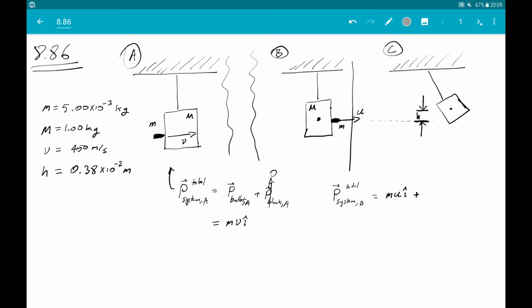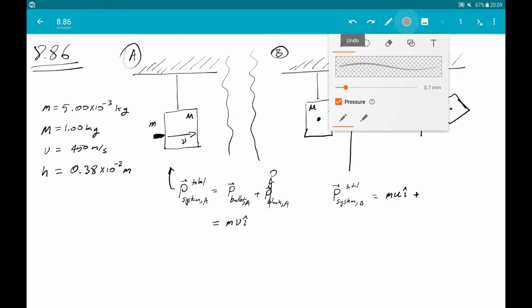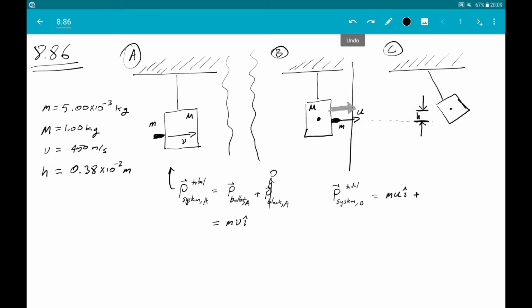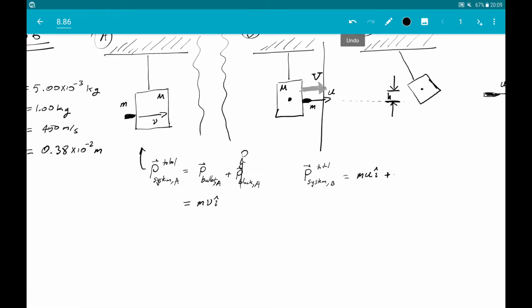I'll use light gray and a big arrow, and I'll call that big V, also in the i hat direction.